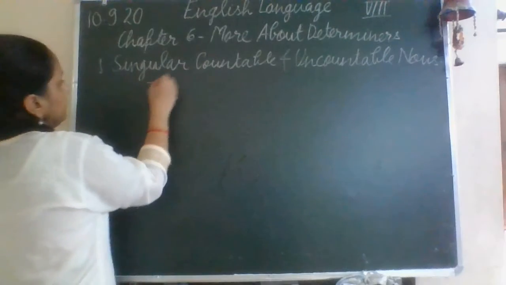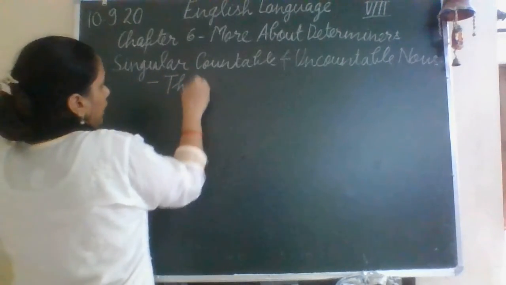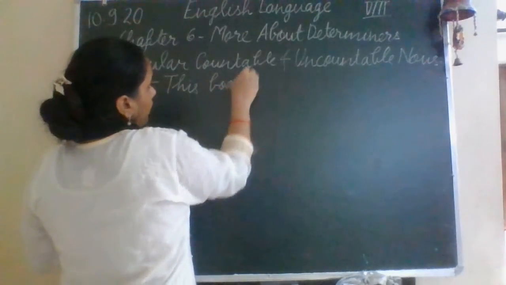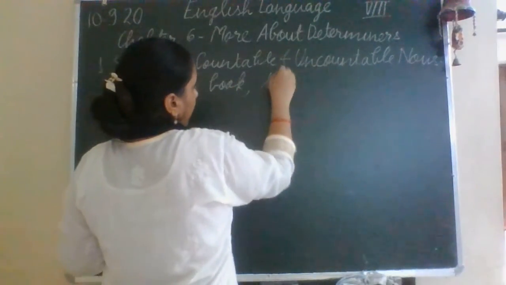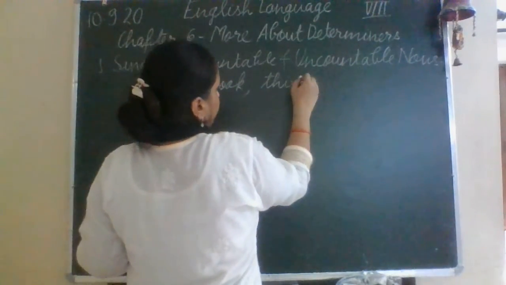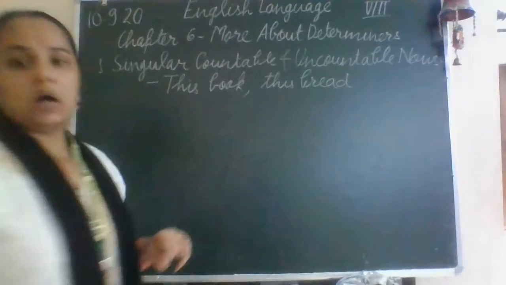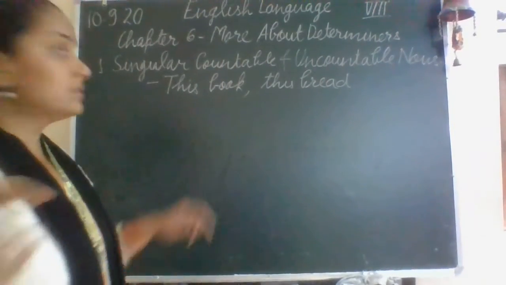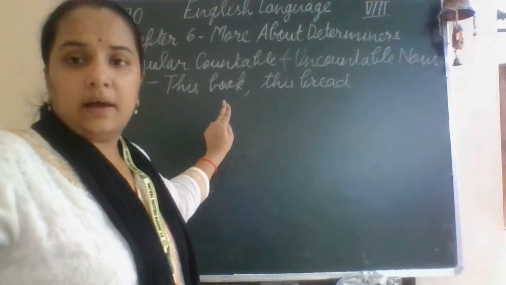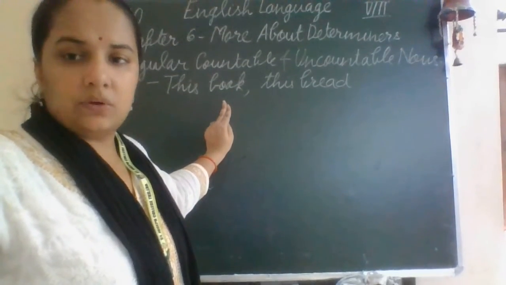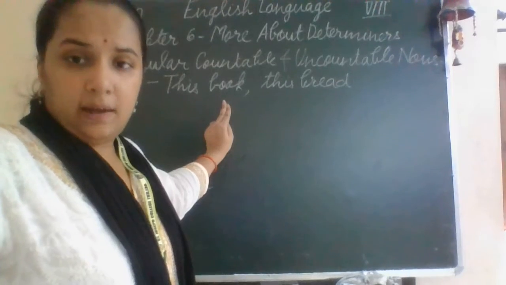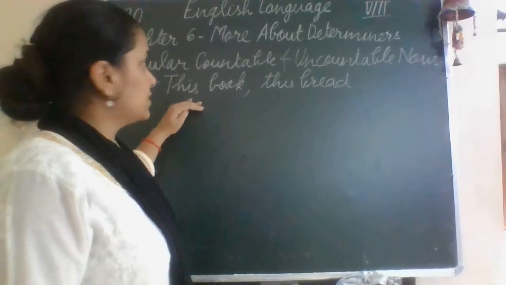For example, this book or this bread. Now here you can see that book is a countable noun. It is singular. It is one in number. That's why I have written this.